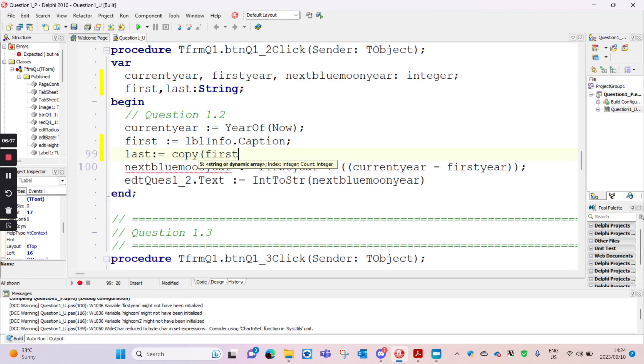Okay, and then the length of first, minus 4. And then you can put length again, or you can put 4 again, or you can just close it.